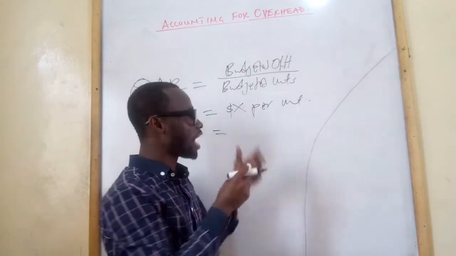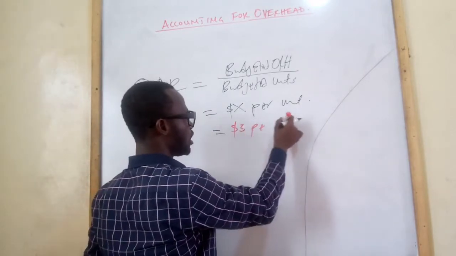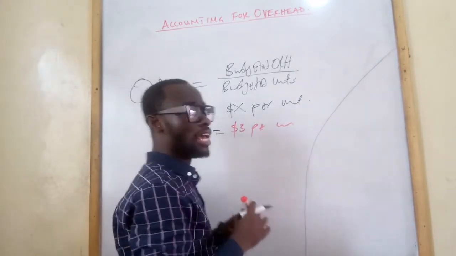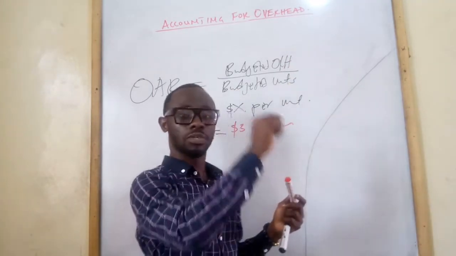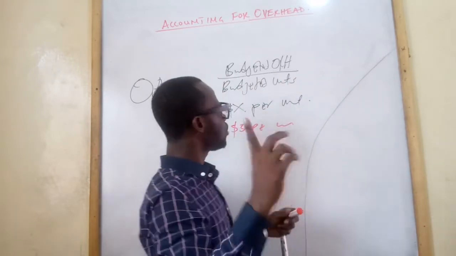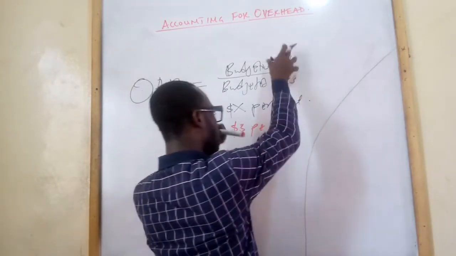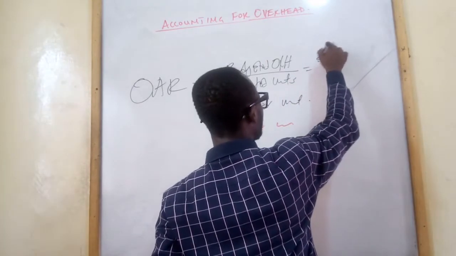So we're going to use this figure, assuming we had $3 per unit as the overhead absorption rate. Then the overhead to be charged in the cost sheet is going to be $3 times the actual units that have been produced. So let me put in some figures.